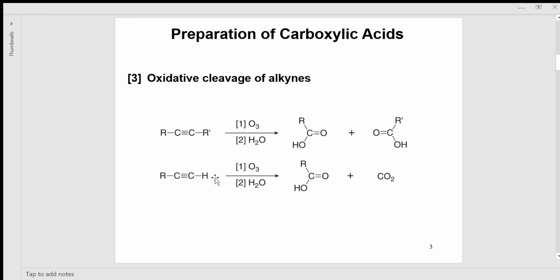But on the right side, there is only 1 carbon left. That's why we call this a terminal alkyne, because there are no more carbons on the right side. In this case, the right side will form carbon dioxide.